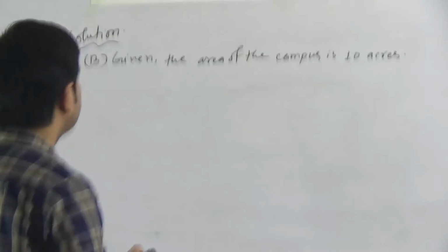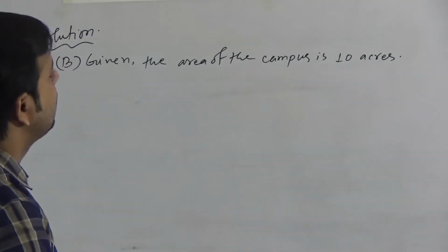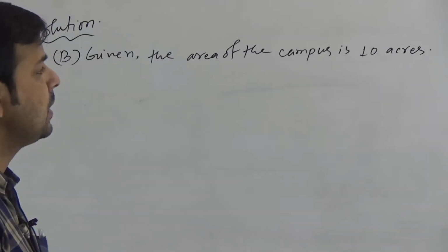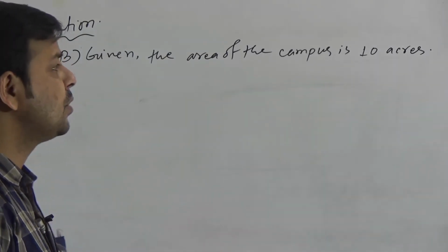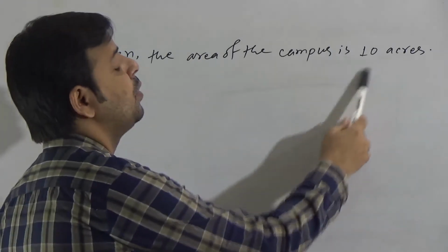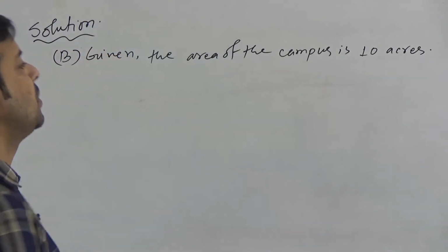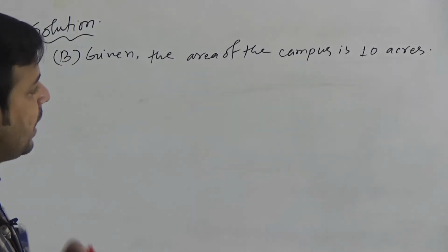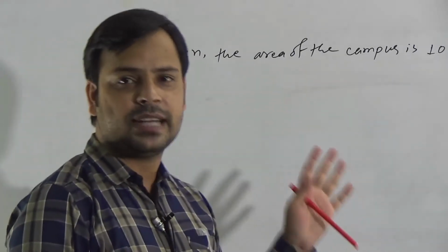As the length and breadth are in meter or in centimeter, if we take meter, we have to convert the area into square meter. We know our relation between the square meter and acres.